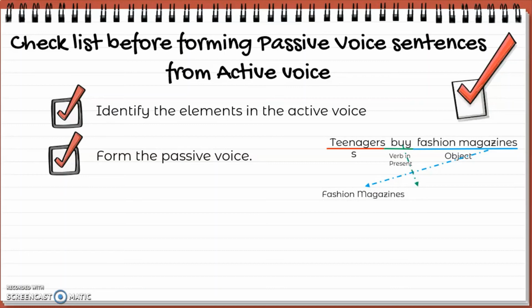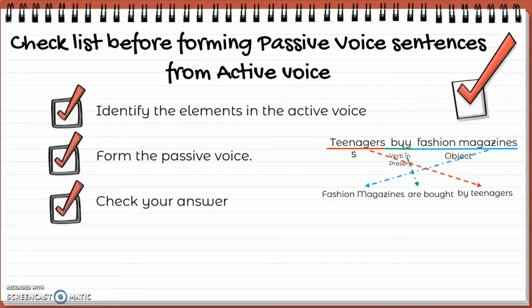Teenagers is they, so we have to write are bought. And then the subject, which becomes the agent, by teenagers. Okay? And then you have to check your answer. Fashion magazines are bought by teenagers.